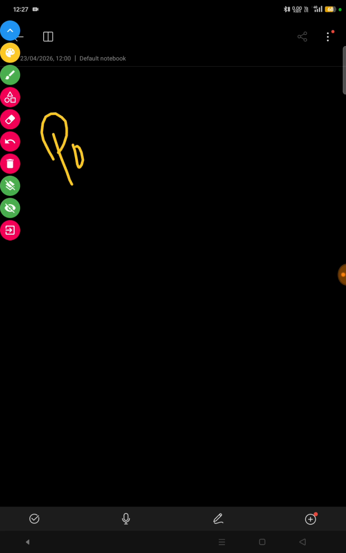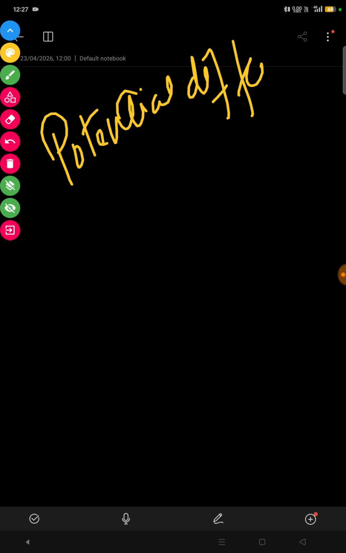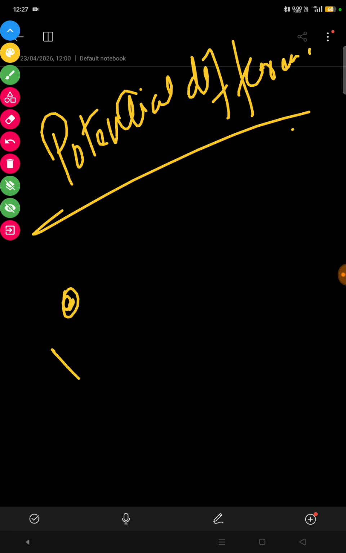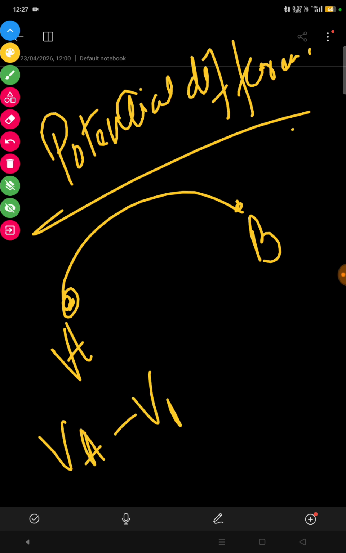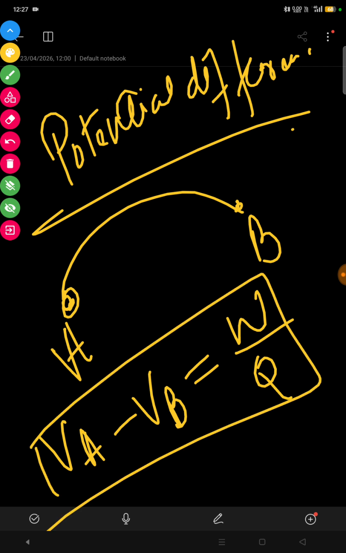Now, what is potential difference? Potential difference between 2 points is equal to the work done in bringing a unit positive charge from one point to another. Suppose this is point A, this is point B. VA minus VB is equal to W by Q. This is the potential difference.